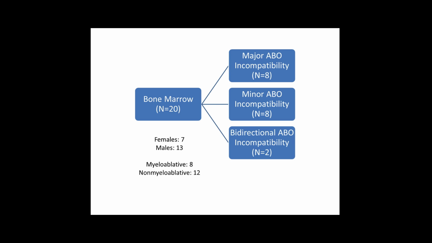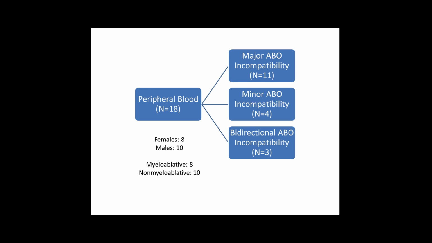In our bone marrow group, which was 20 patients, 7 were female, 8 received myeloablative conditioning, and 8 received a major ABO incompatible transplant, 8 received a minor ABO incompatible transplant, and 2 received a bidirectional ABO incompatible transplant.